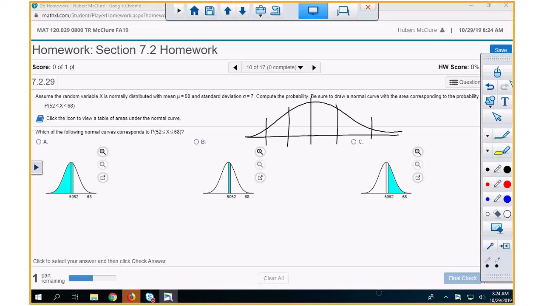And we have a 50, 57, and a 70, and a 64, yeah, it's one further, so 71. And then a 43, and then 36, and then 29.